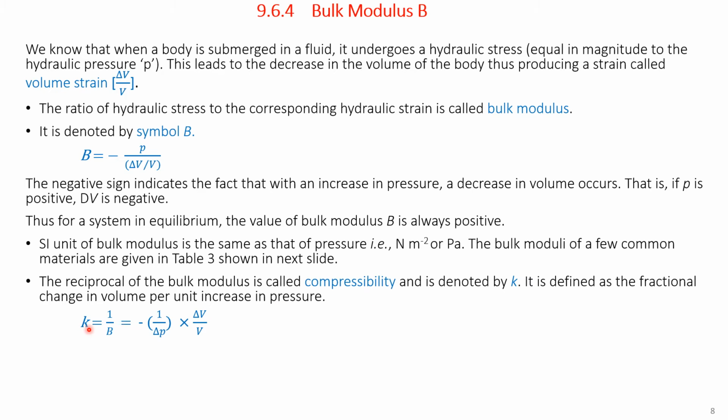Therefore, k, that is compressibility, is equal to 1 over B, that is equal to minus of 1 over delta P into delta V by capital V. Here delta P is the fractional change in pressure.